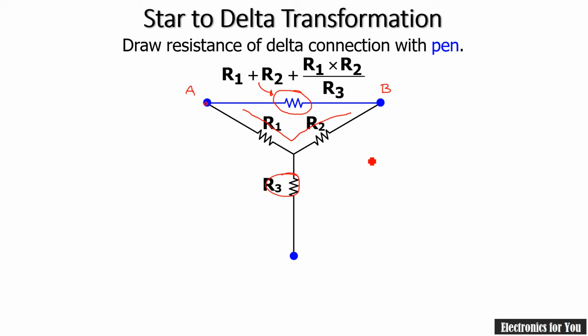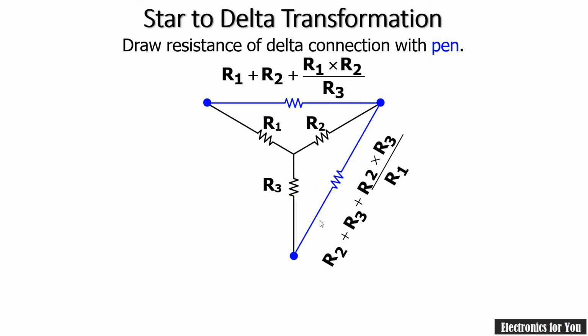Similarly, we can have the second resistance like this that is in between B and C. The formula is again same, that is similar, that is here R2 plus R3 plus R2 into R3 upon R1. Similarly, now you can guess the formula for the terminal AC here.